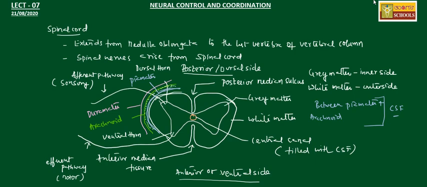Okay, next up, the spinal cord. As I told, it extends from the medulla oblongata to the last vertebra. Here I'll say instead of the last vertebra of the vertebral column, it extends up to the first or second lumbar vertebrae.